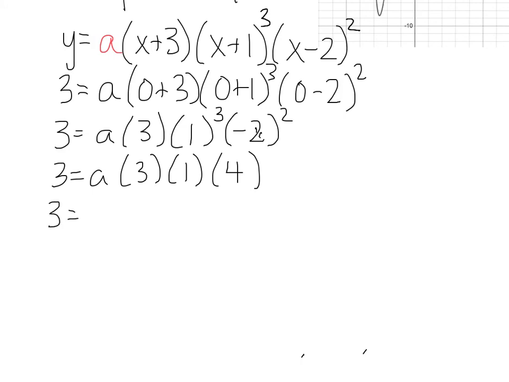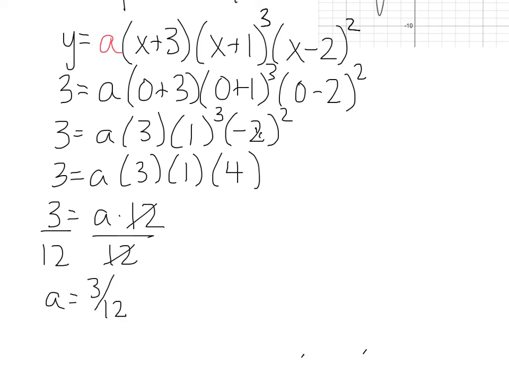So again, 3 times 1 times 4 will just be equal to 12. And to solve for A, all I have to do is divide by 12 on both sides. So I get that A equals 3 over 12, which is the same as 1 over 4.